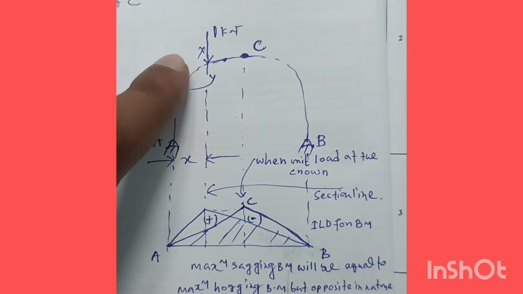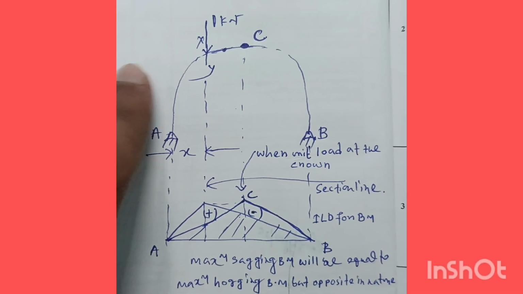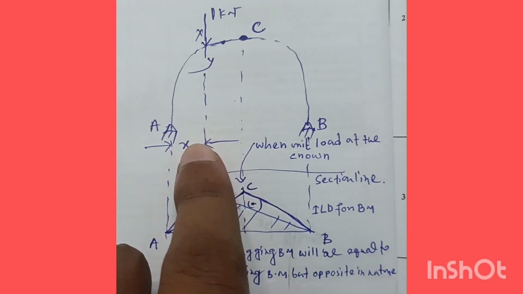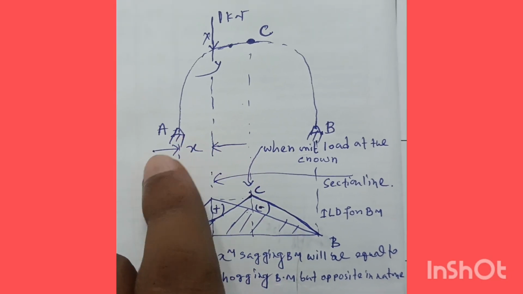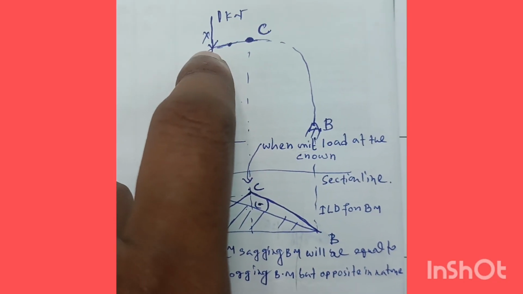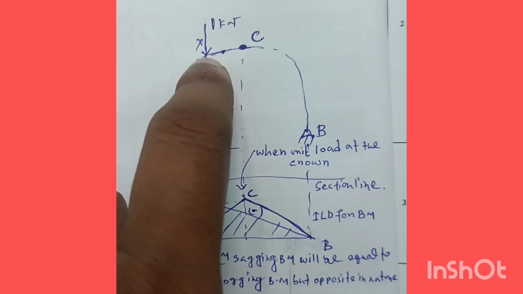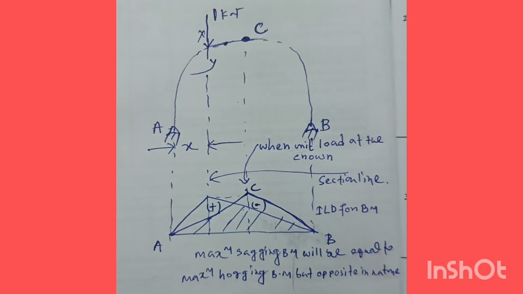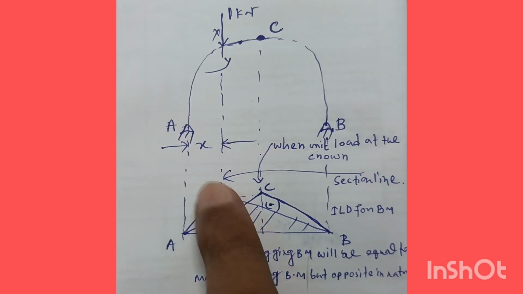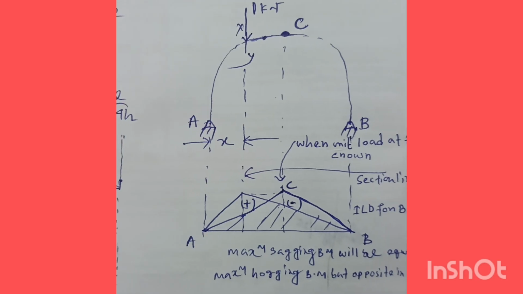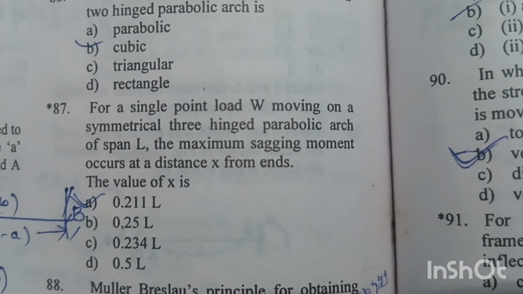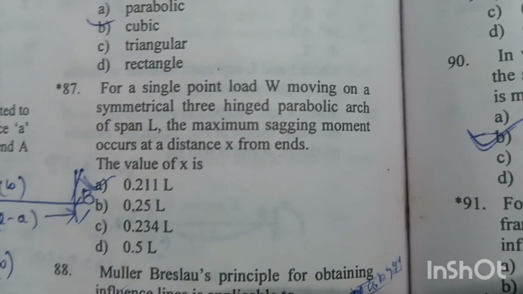Maximum sagging moment will occur at a distance x from the supports A, and the question asks what is the value of this x, where the moving load W is acting at this section x. The value of x from the support A will be 0.211 L for this maximum sagging moment. 0.211 L. Option A is the right answer.